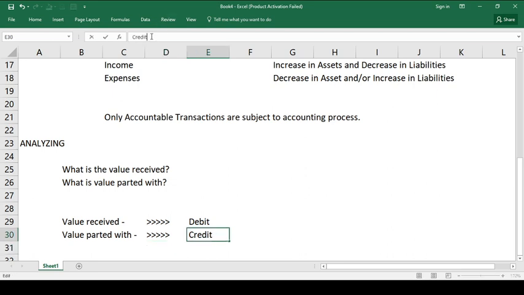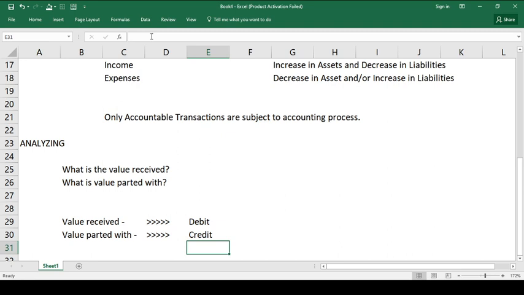And it means the value parted with. So, to make it short, the value received and the value parted with, we are able to say debits and credits. So, in analyzing, we need to identify what is the debit and what is the credit.